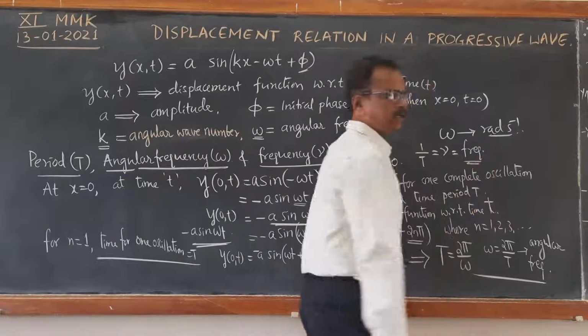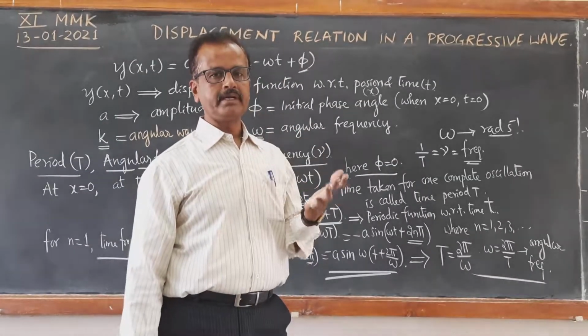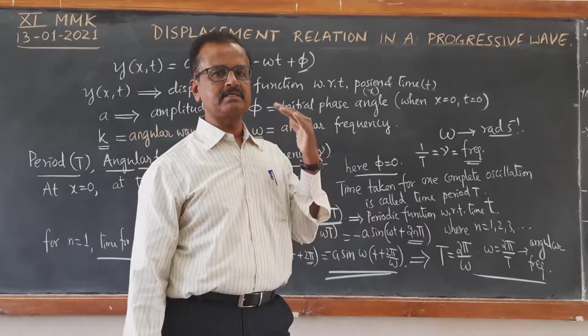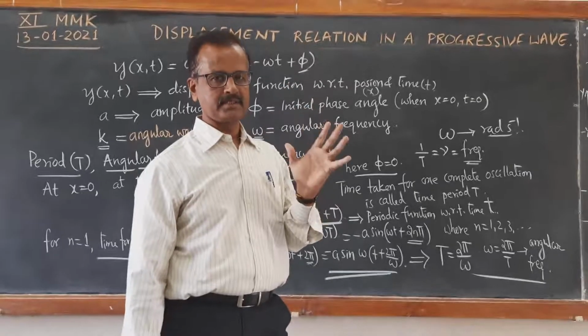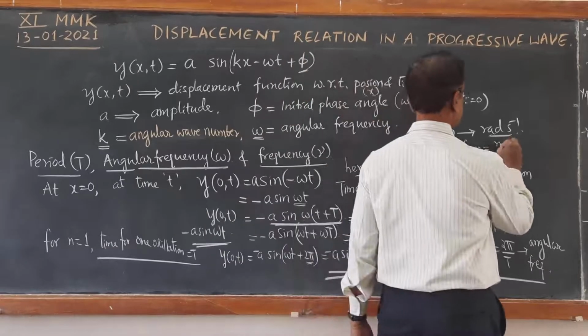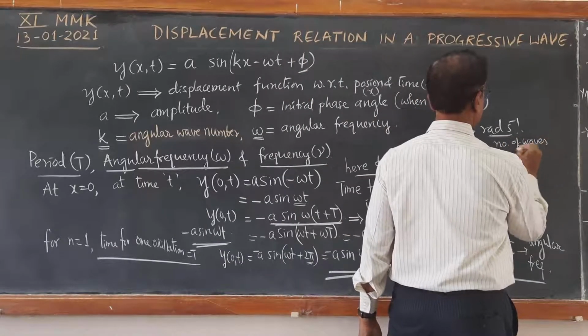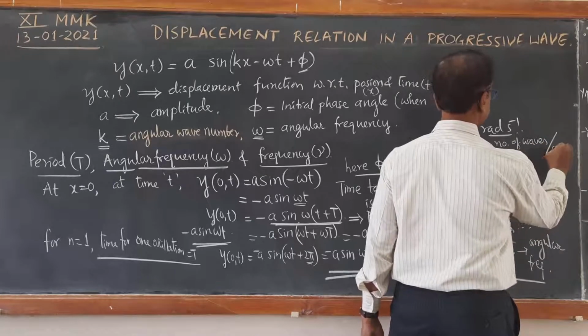Number of waves oscillating per second, or the number of crests traveling past a particular position per second, is called frequency.